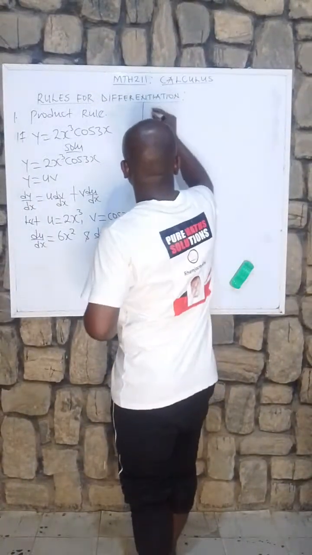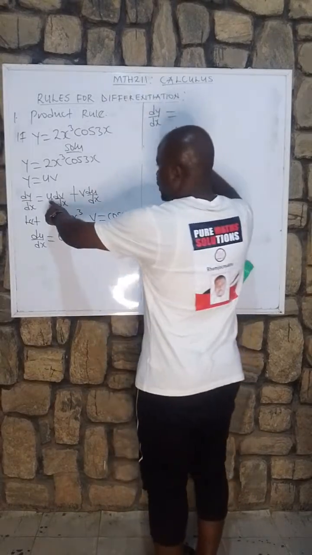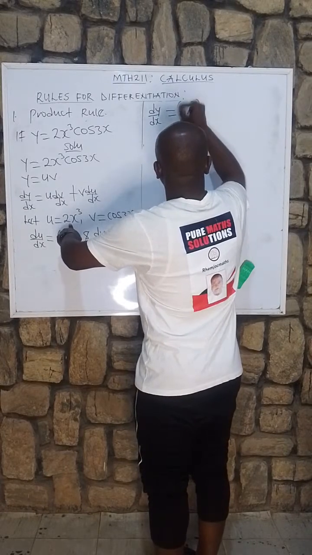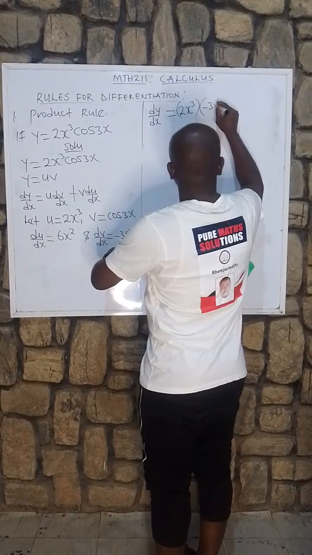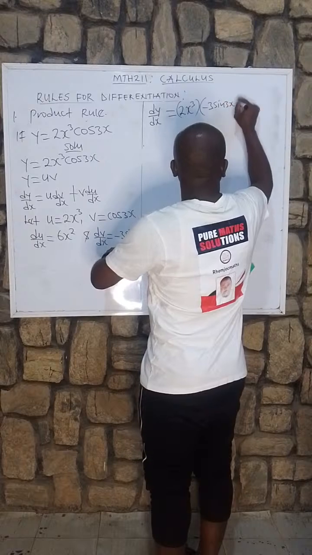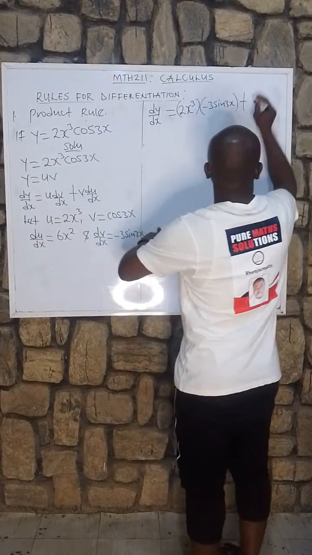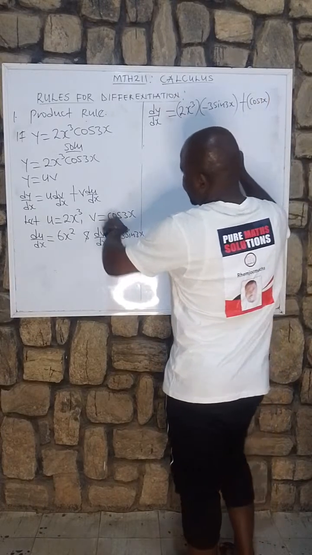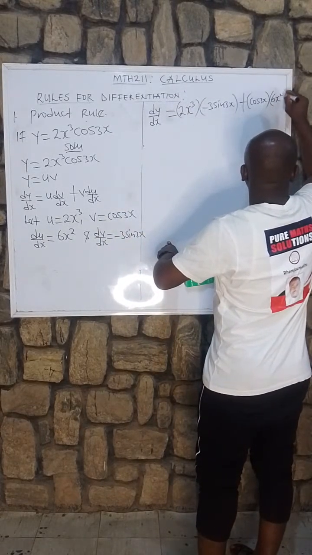So let us substitute into the formula. dy over dx equals, here we have an ordinary u as 2x raised to the power 3 times dv over dx, which is minus 3 sine 3x, plus the ordinary v, which is cos 3x, times du over dx, which is 6x squared.